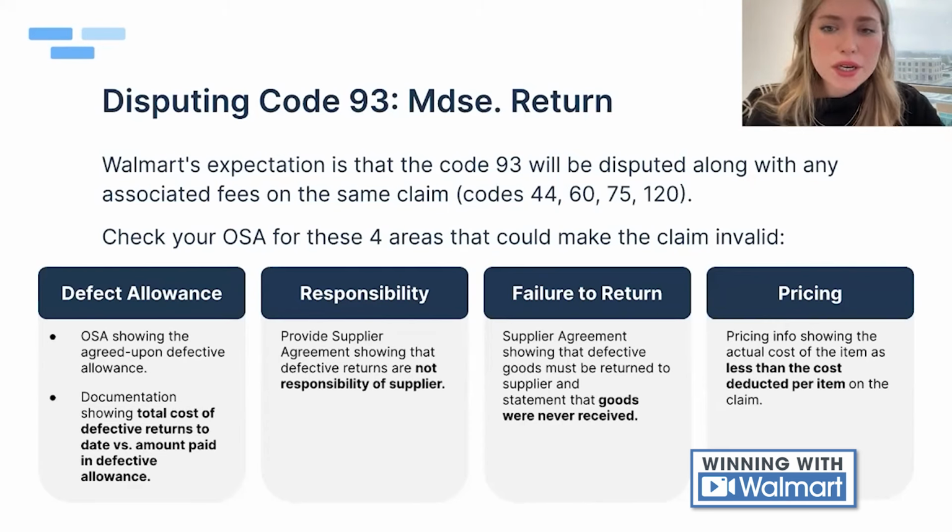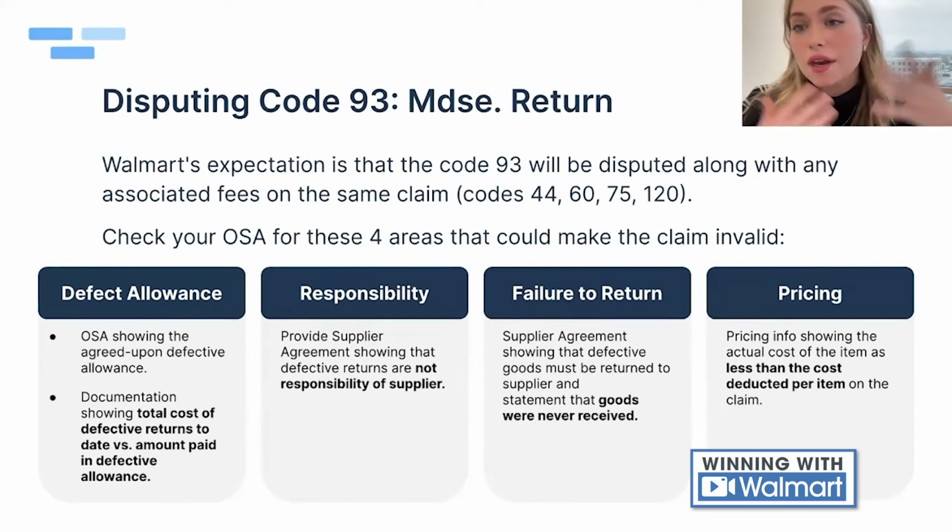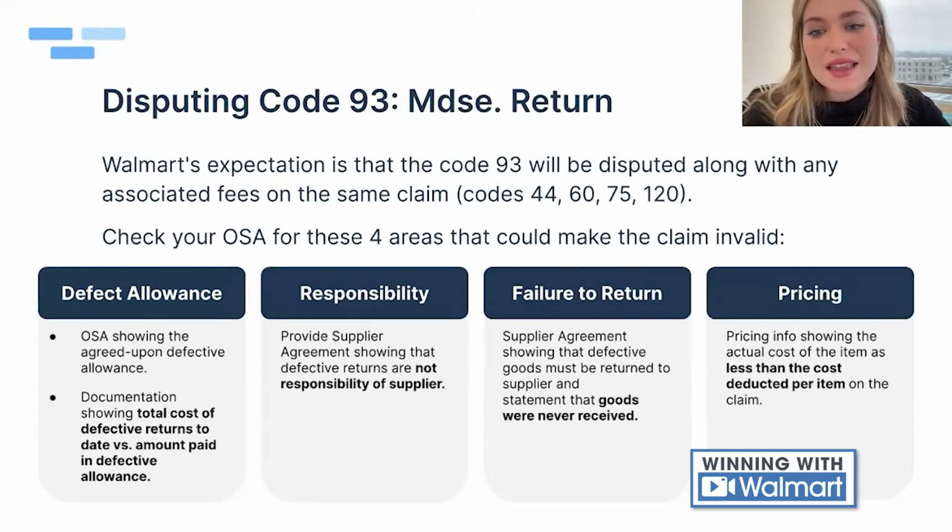Failure to return: again, check your supplier agreement to show that the defective goods must be returned to the supplier, and a statement that goods were never received. If you are agreeing with Walmart that the goods should be returned to you unless they're unable to, and they were never sent to you, then you can go and dispute this deduction with Walmart.